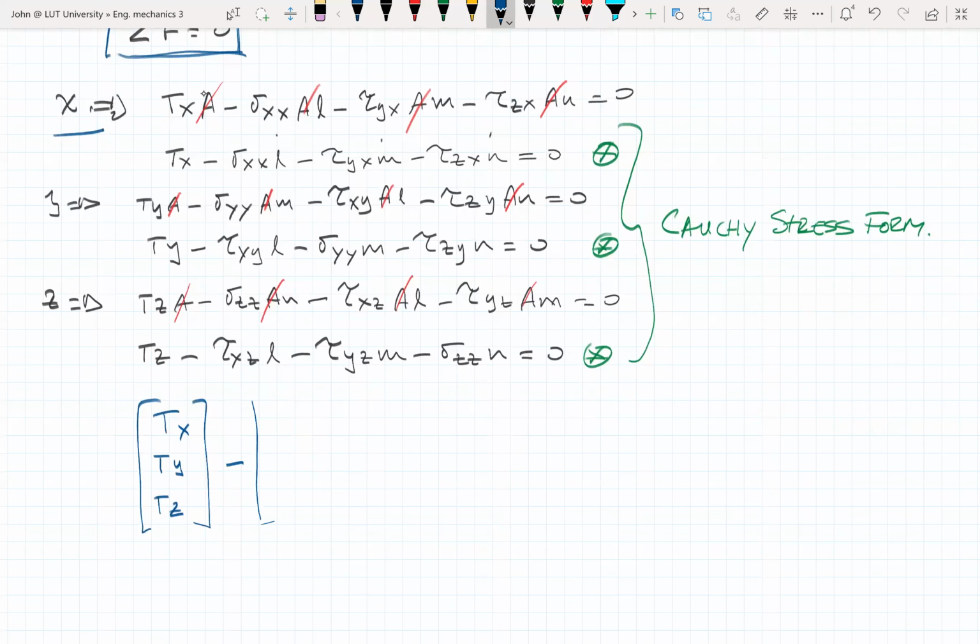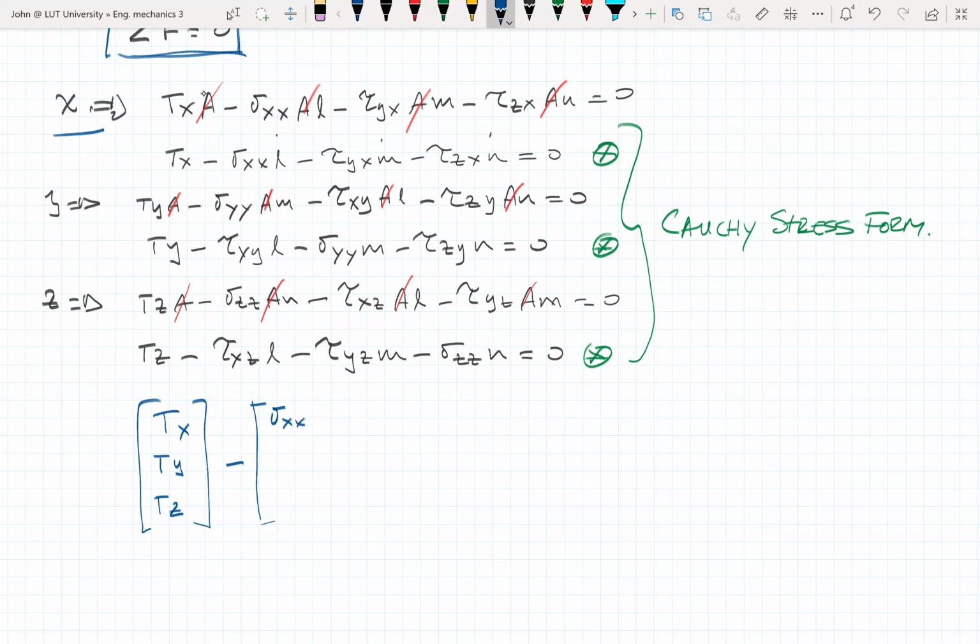Minus, then I'm going to open up here and check this out. This is going to be something that you're going to be seeing very often from now on. And this is something you need to get used to. I'm going to have a matrix here that is going to be represented by the following terms.